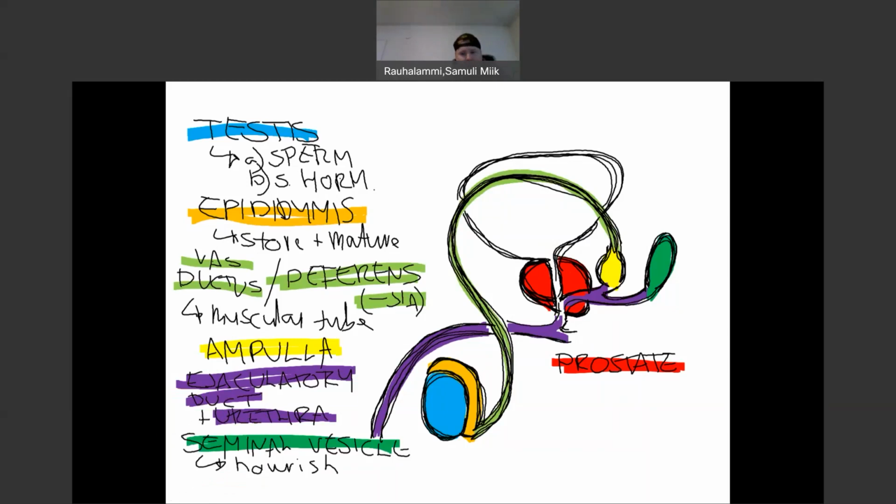The final gland that I want to add to our diagram is going to be located here. And let's just label that as well.